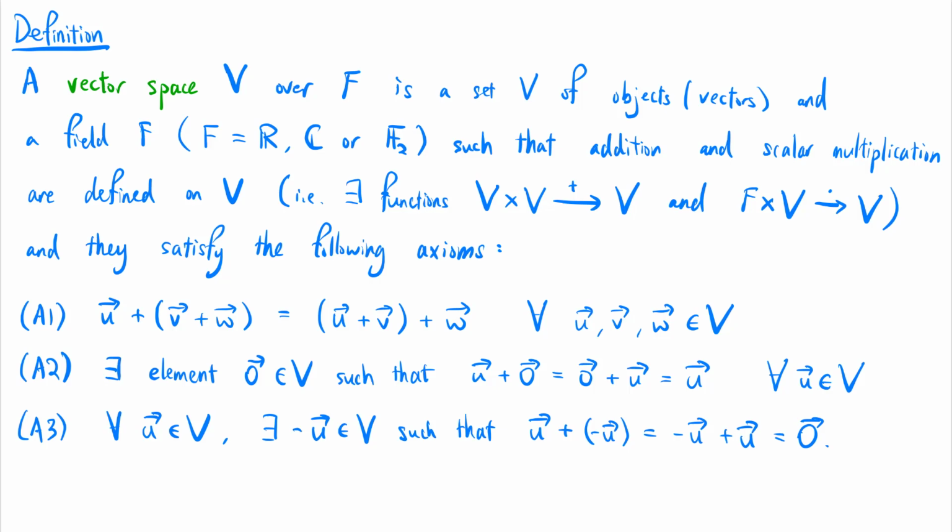This means that each element in V has an additive inverse. A4, u plus v equals v plus u for all u and v in V. This means that addition is commutative in V.